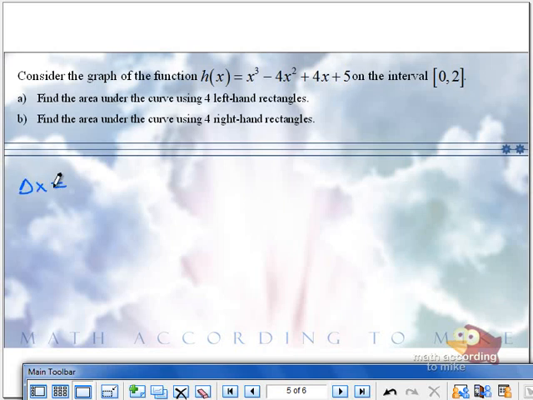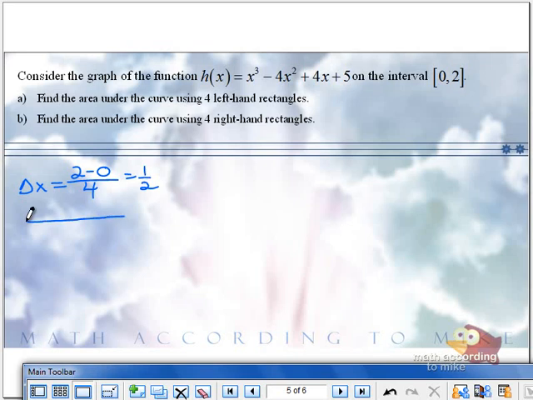So delta x is the difference in b and a divided by how many rectangles? So in this case, we have 4 rectangles. So what's the width of all of our rectangles? 1/2. Is that okay?